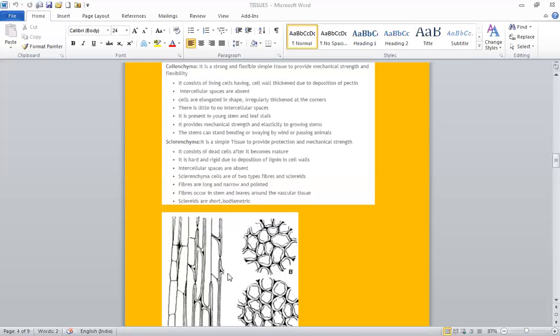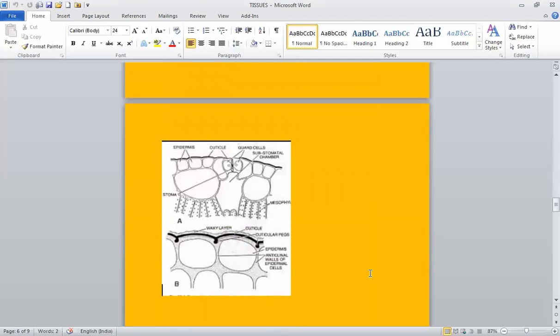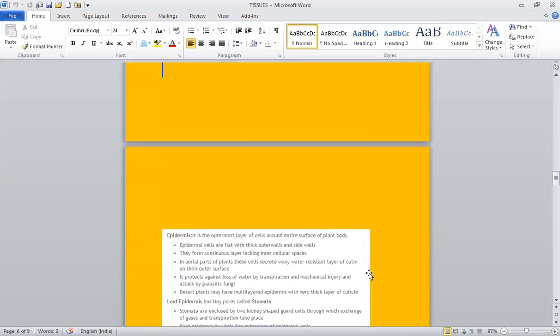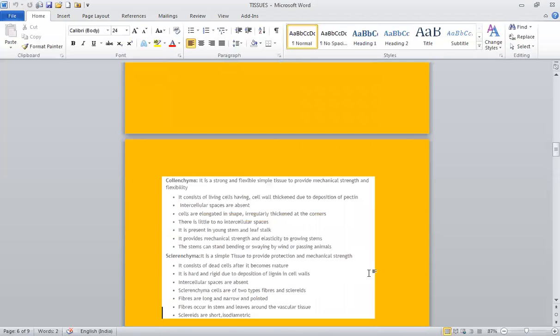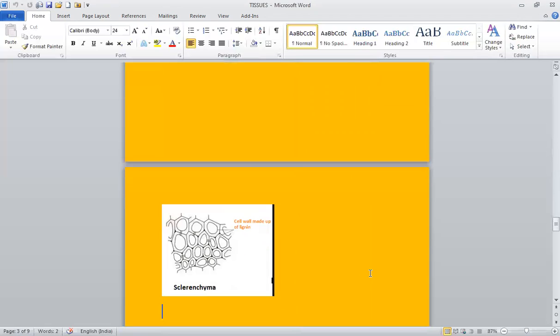You can see in the diagram also, I'll show you. Yes, this is the picture of sclerenchymatous tissue.